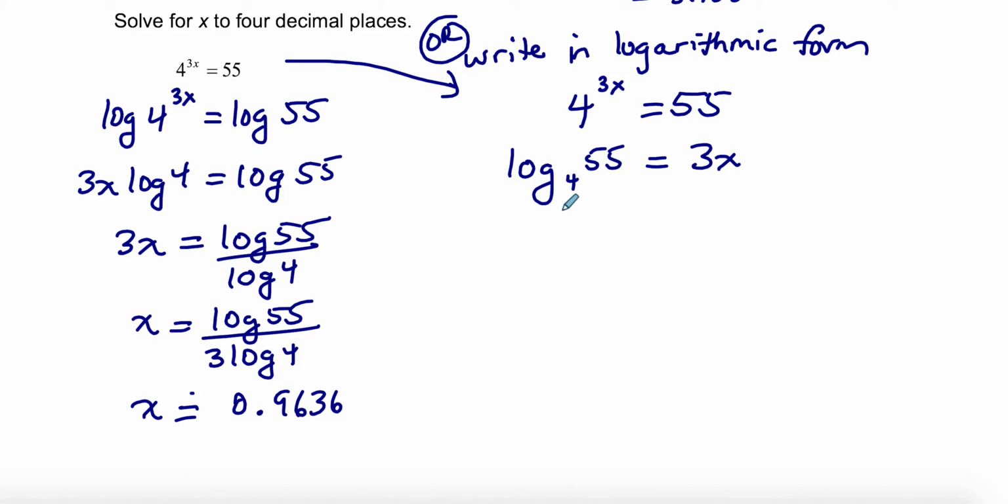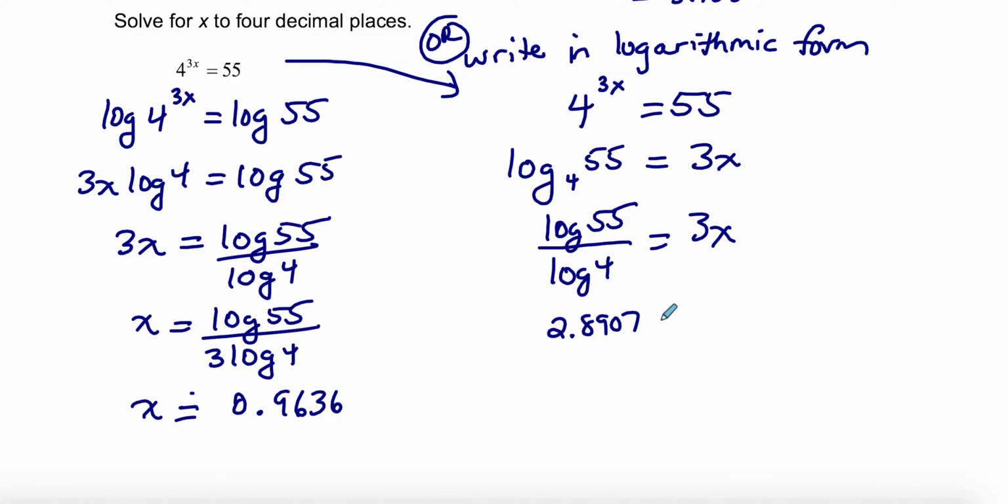So that's one thing I could do. My calculator, I would have to type this in as log 55 over log 4, and that equals 3x. Maybe I'd find the answer for that. I got 2.8907. But then to get this x alone, I would have to divide both sides by 3. And I get 0.9636. So it's the same thing, but maybe written in a different way.